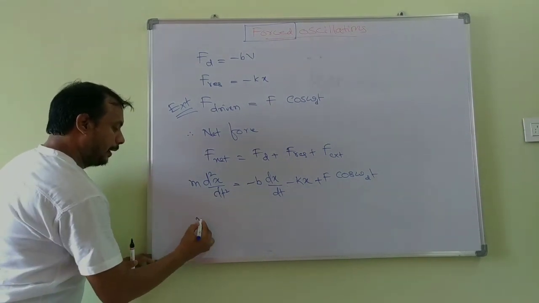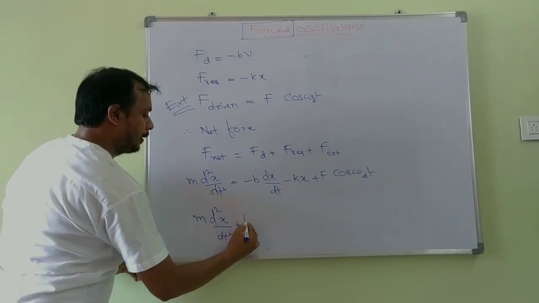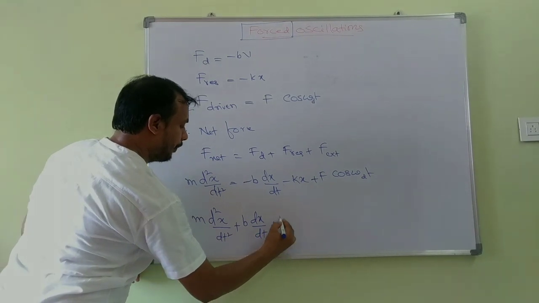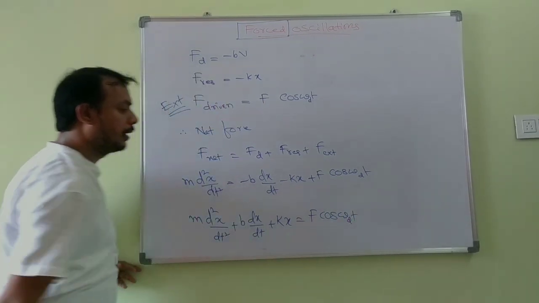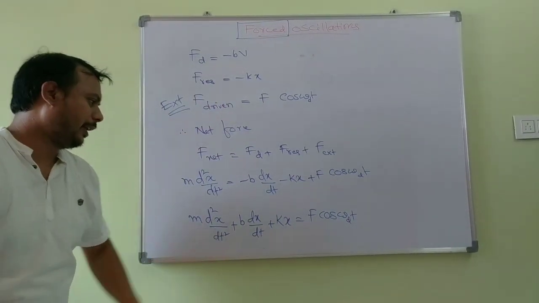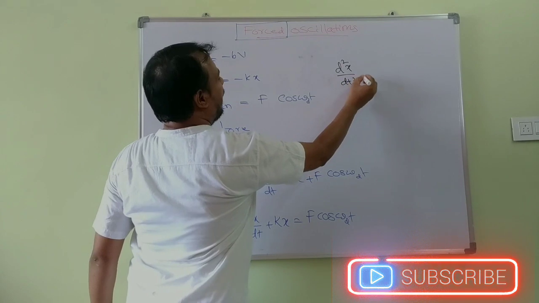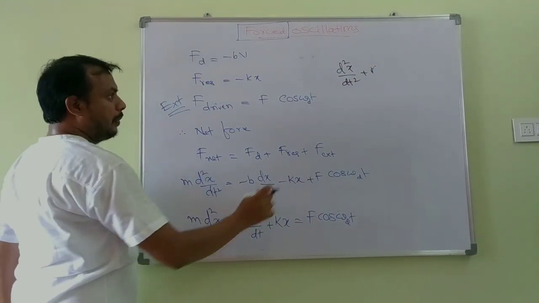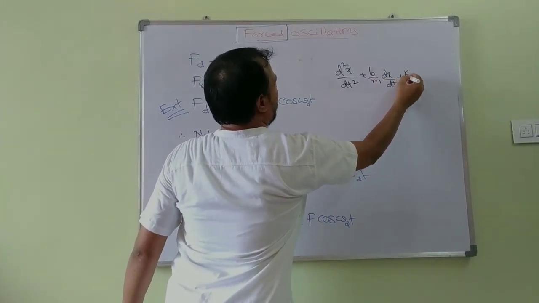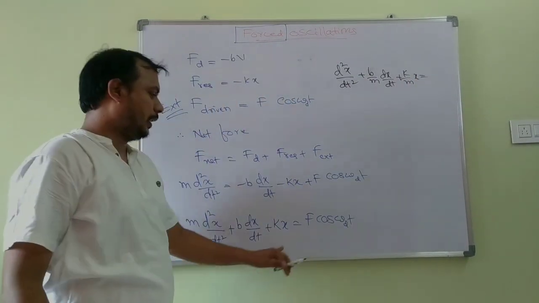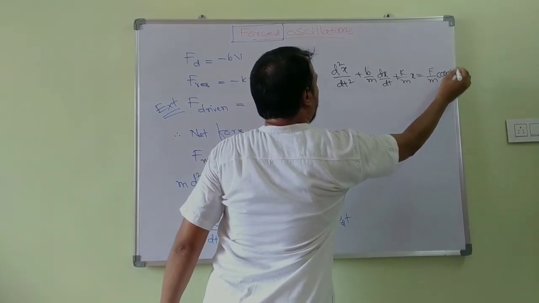Now bring this side, that is m d square x by dt square plus b dx by dt plus kx is equal to F cos omega d t. Dividing by m on both sides, the equation is modified into d square x by dt square plus b by m dx by dt plus k by m into x is equal to F by m cos omega d t.